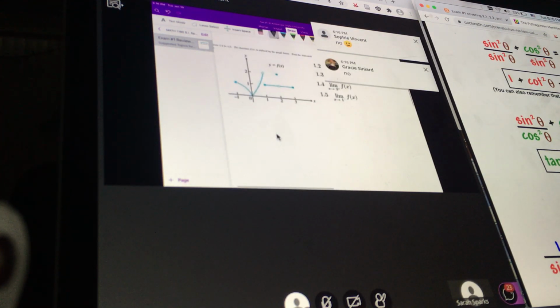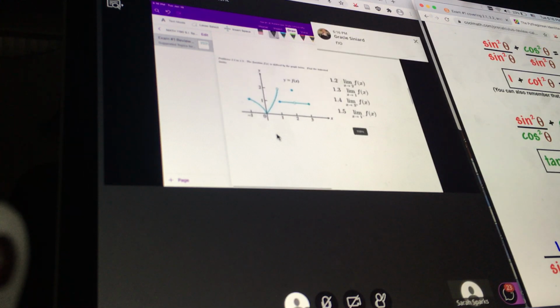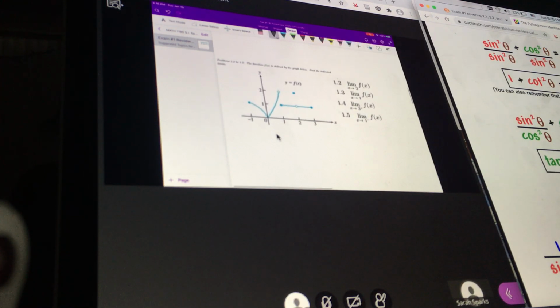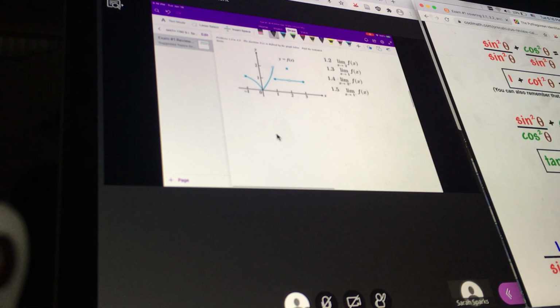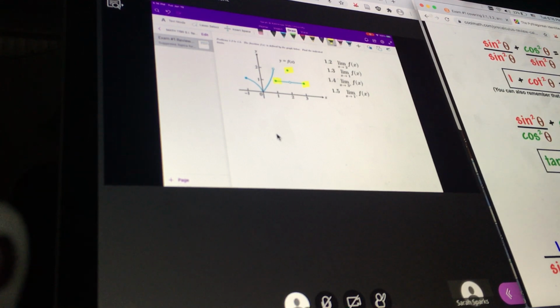Awesome. So now we're going to go to 1.2 to 1.5 on the practice exam. So we're given this graph, and that blue line is f of x. And if you need a little refresher, the dark dots, like these dots right there and right here, mean that number is included in that function.